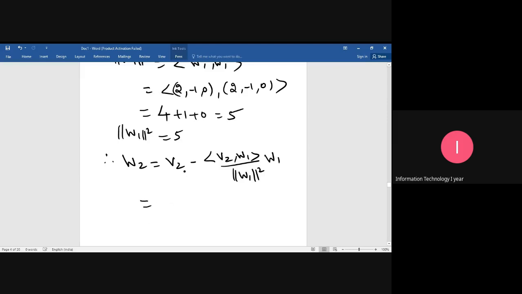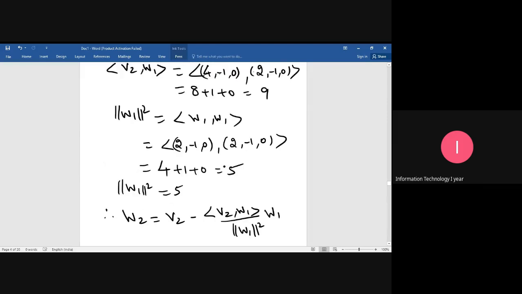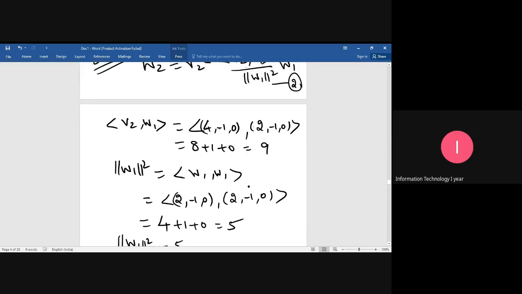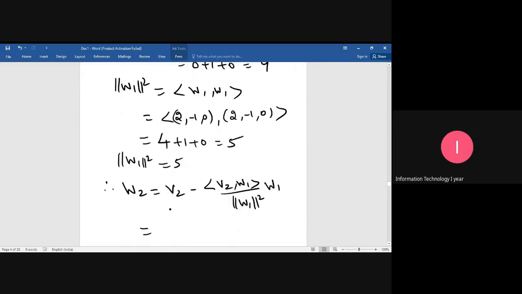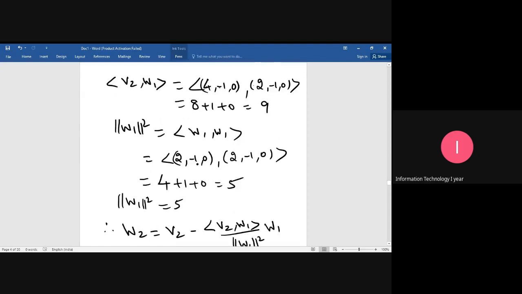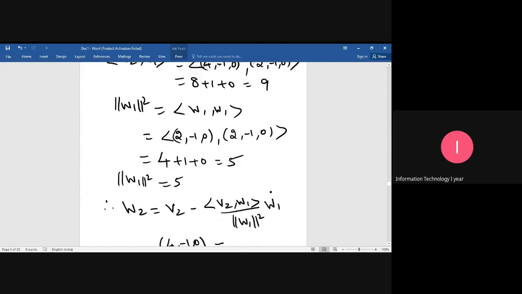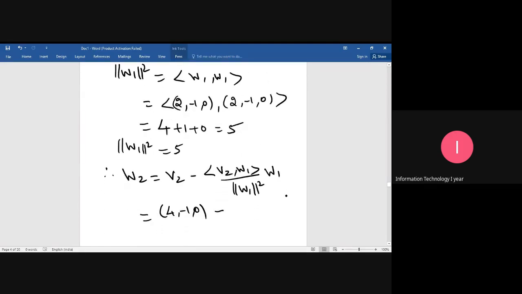Substitute V2, which is 4, minus 1, 0, minus 9 divided by 5 into W1, which is 2, minus 1, 0.